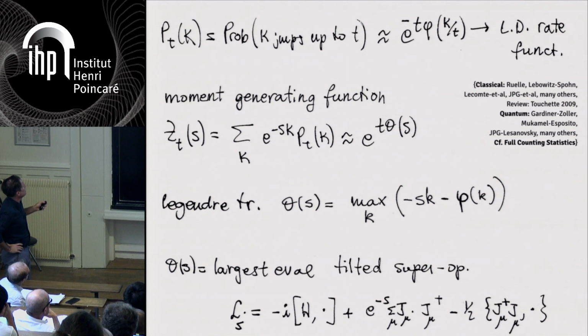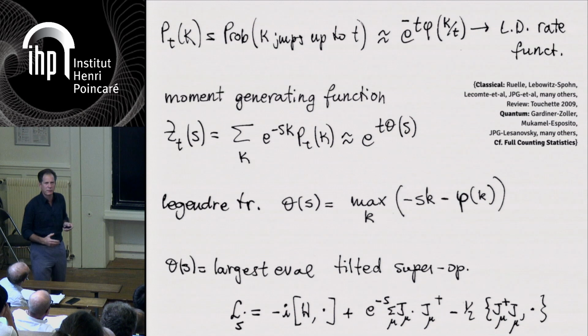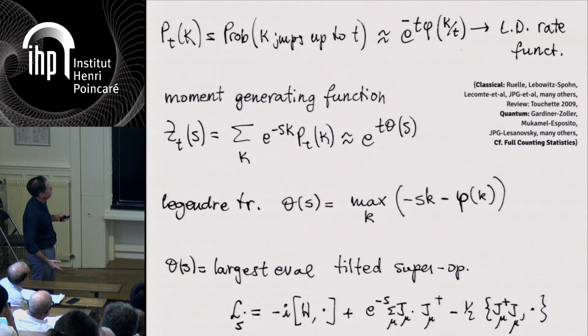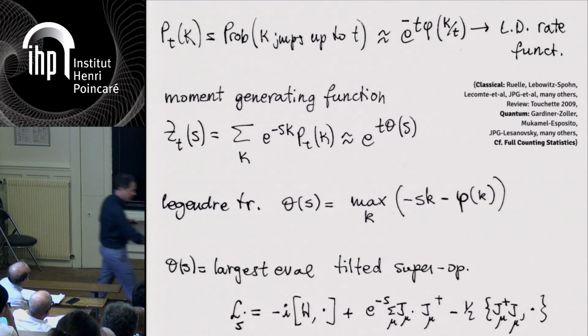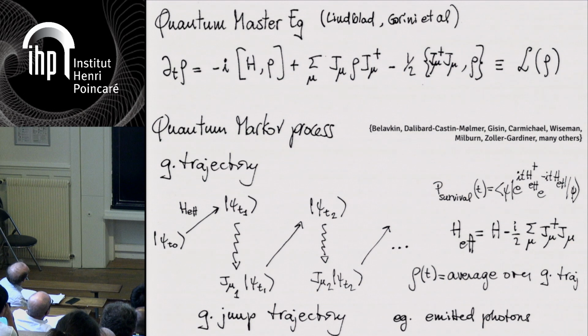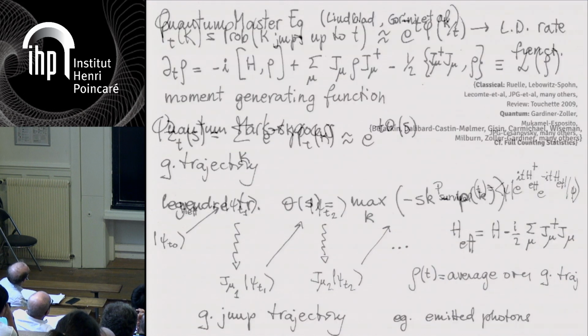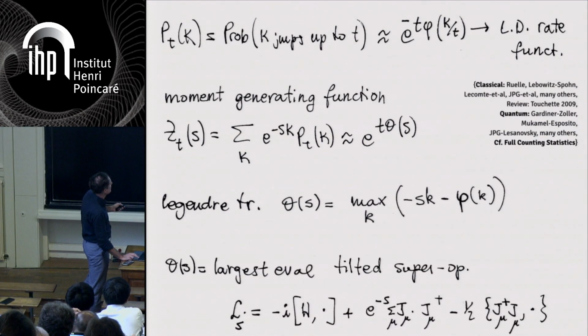And what that means is that this partition sum can be solved with a transfer matrix method, where the transfer matrix is a tilt of the Lindbladian superoperator. So you take the Lindbladian superoperator of a couple of slides before, that defines the dynamics, that generates the dynamics. You tilt it. The tilt depends on the field coupled to a certain observable.